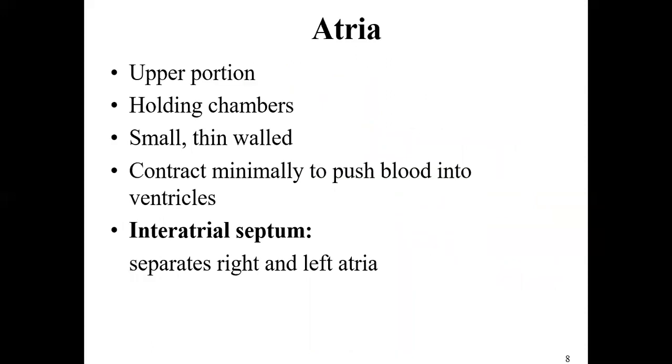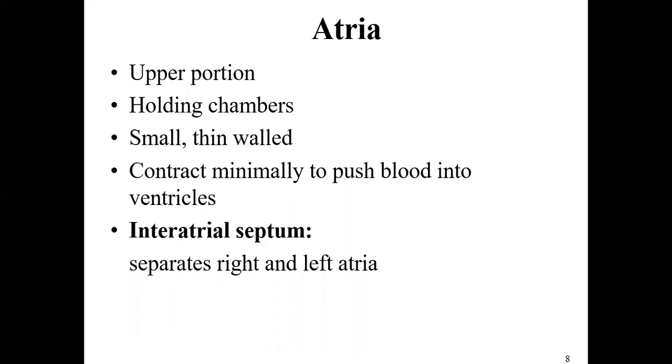A few things about the atria. They are the upper chambers, and they're generally referred to as holding chambers, or sometimes receiving chambers, because they're the first chambers to receive the blood when it is returning to the heart. At the end of this video, we'll be looking at blood flowing through the heart and mapping that out.